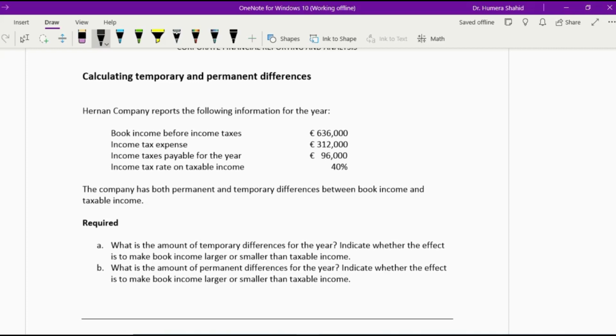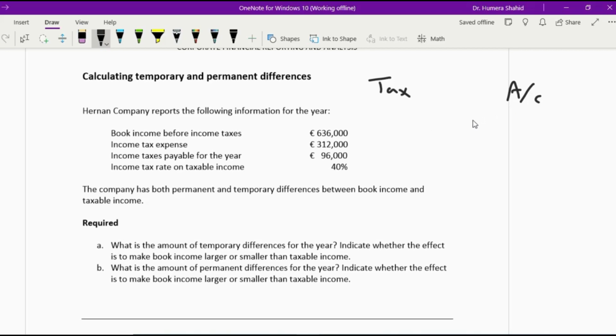Most of the things which give rise to incomes and profits or expenses in the accounting books do not give rise to the revenues and expenses in the tax books, because of the differences. Let's suppose this is my tax books and this is my accounting books.